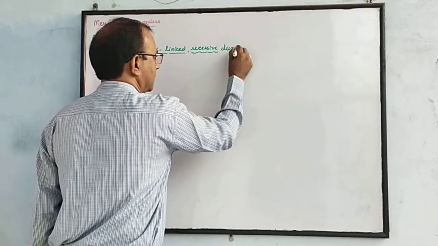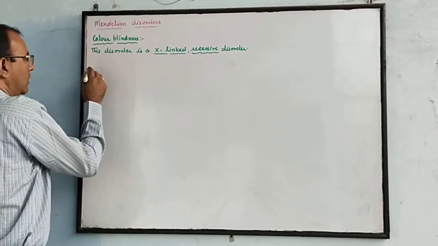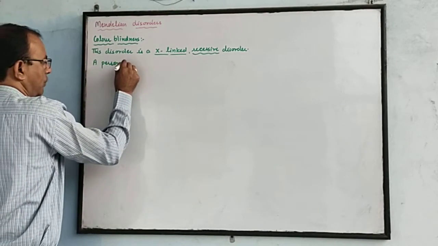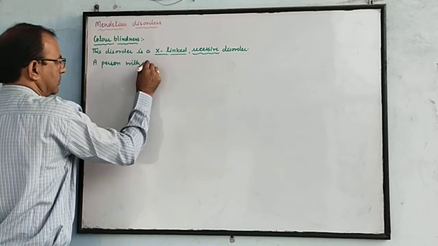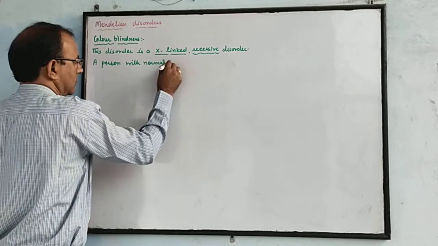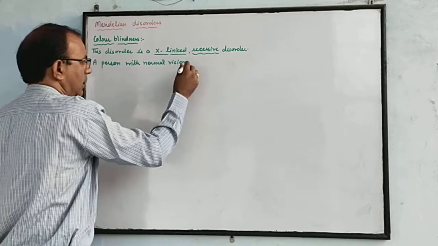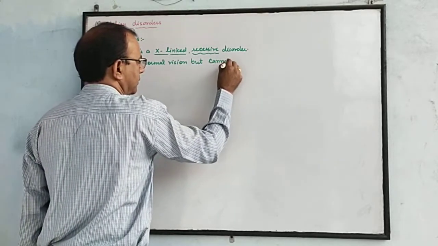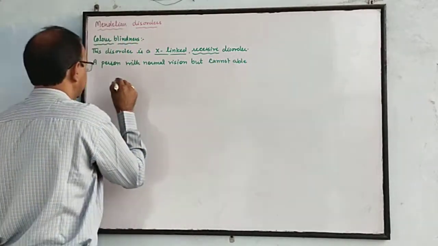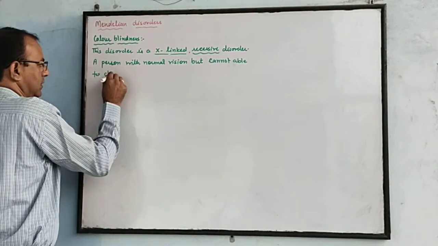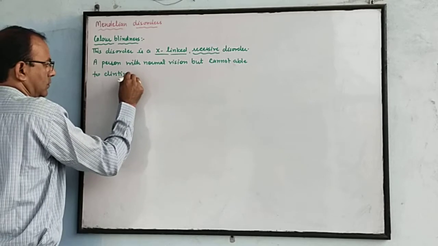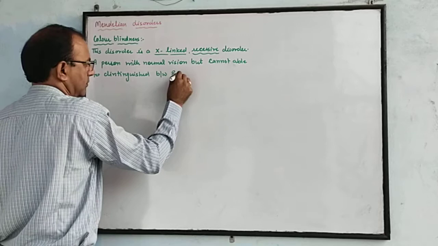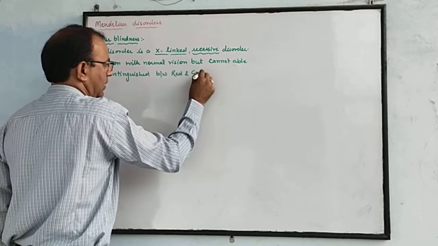A person with normal vision cannot distinguish between red and green color.